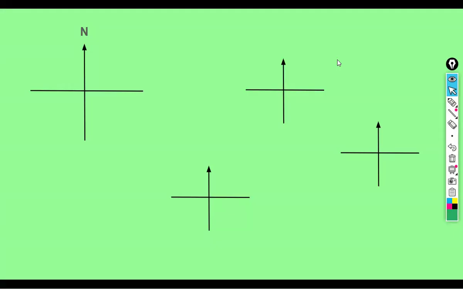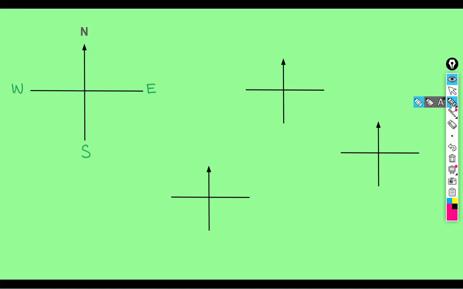So let's start off with the compass points, right? We all know about north, east, west, and south. Everyone should at least have that. Now, in bearings, whenever I give you an instruction, you always assume you are facing north. So I don't care if you're facing east.